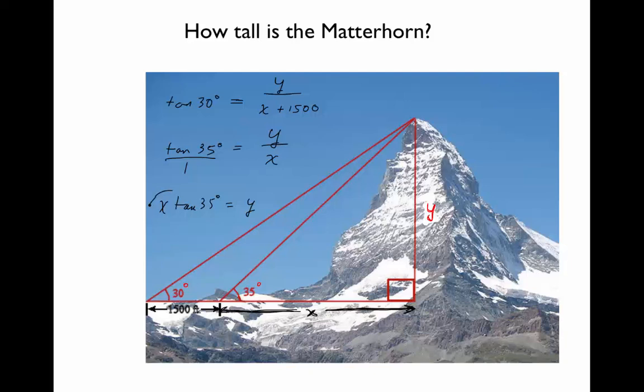So if that's y, we can substitute it in up there. Then we'd have an equation that just has x in it, and we could do the algebra and solve for x. Once we had x, we can use this to get y. So whatever the value of x is, x tangent 35 degrees would be y, and that'd be the height.